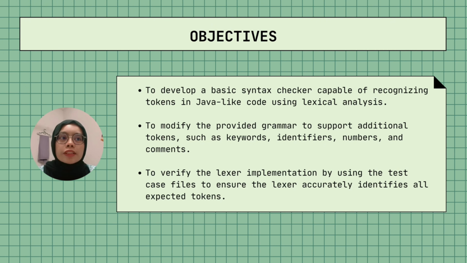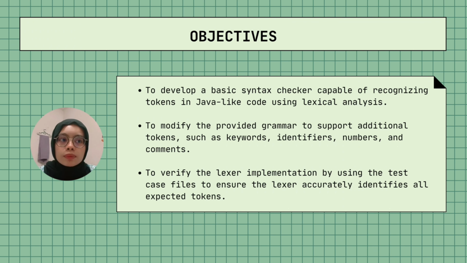Next, I will be explaining the objective of our mini project, which is a Java syntax checker using CC. Our first goal is to develop a basic syntax checker that can recognize tokens in Java-like code through lexical analysis.